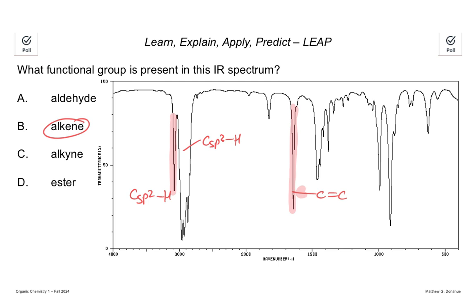A carbonyl stretch is typically more intense and a little bit broader. What I mean by that is it's going to come down a little bit further and have more area to it. And again, it's a visual thing that you're looking for.